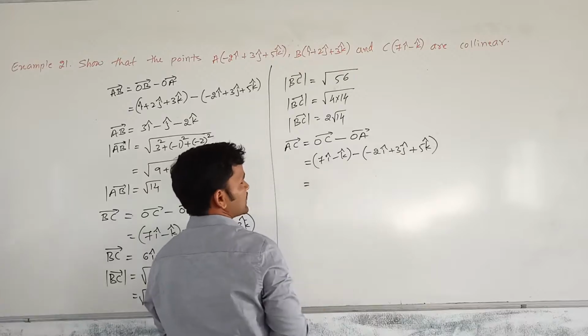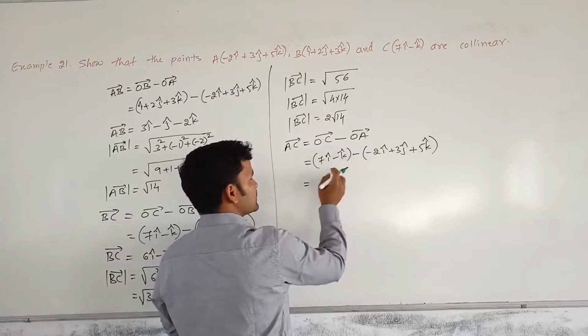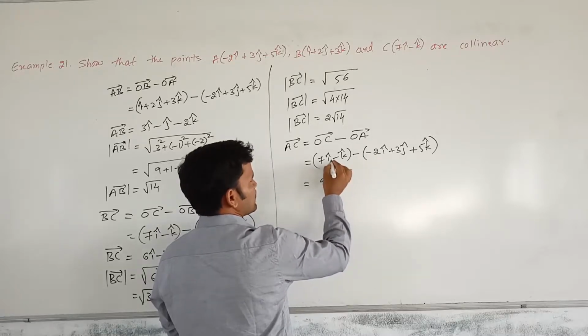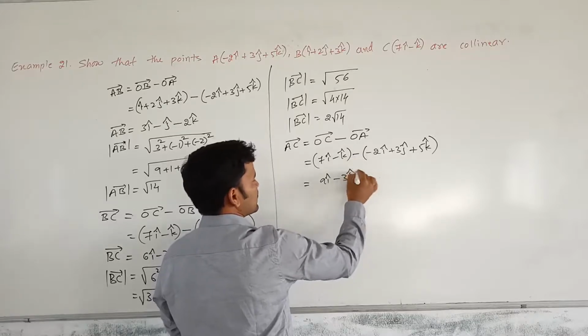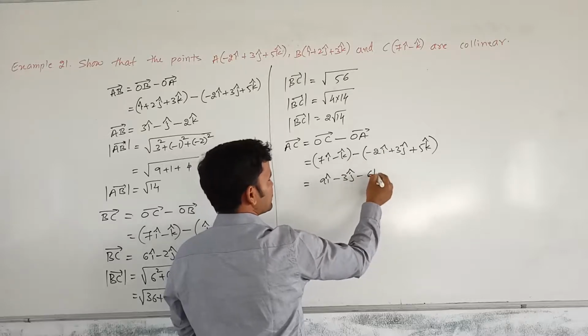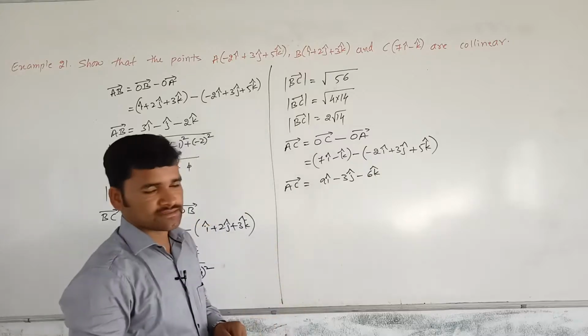Subtracting the corresponding components: 7i plus 2i is 9i. The j component is not there, so minus 3j as it is. Minus k minus 5k is minus 6k. This is vector AC.